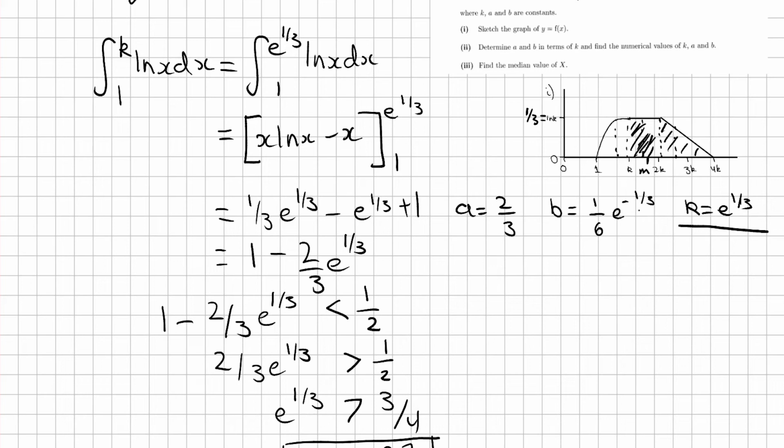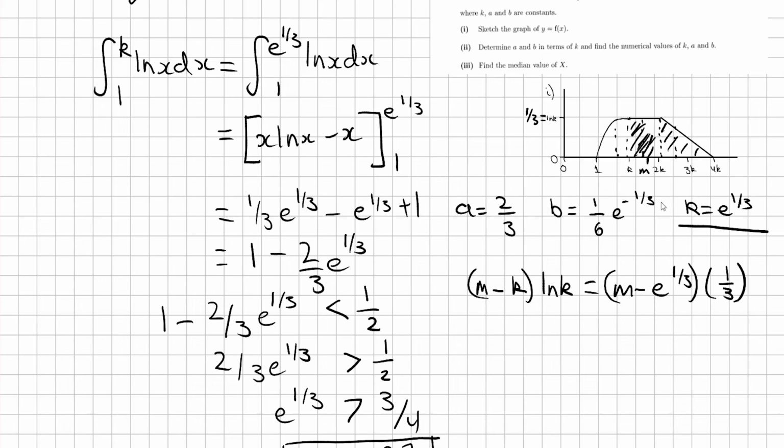And this is a rectangle, so we can figure the area of that out by m minus k times the natural log of k. So this area here would be equal to m minus e to the 1/3 multiplied by our natural log of k, which is 1/3.